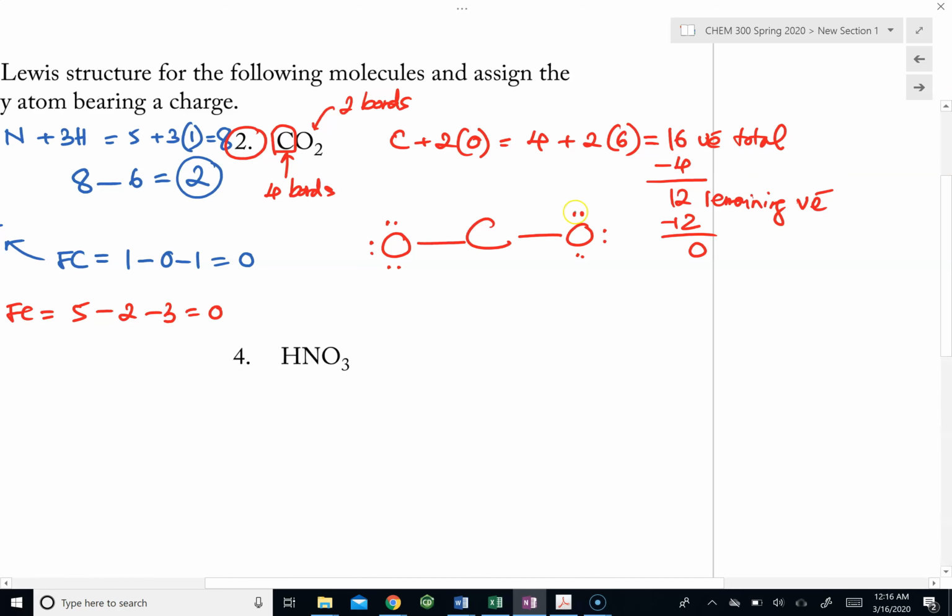So we're going to take 1 pair from this oxygen on the left and another pair from the oxygen on the right. Following this arrow, we would have the following. And now all of the atoms have an octet of electrons. Again, remember that a double bond is considered to have 4 electrons in it.